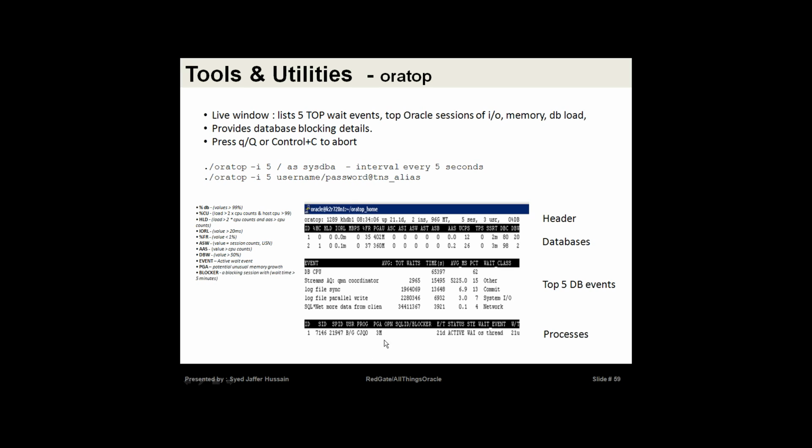The last section represents information about your database processes, which process is consuming how much space. It will also tell you the blocking information: if a session is blocking another session, this information is also provided.